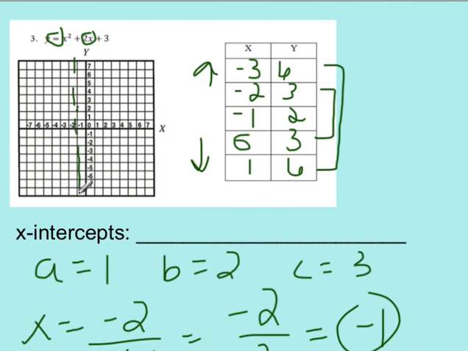I'm going over 0, up 3, left 2, up 3, then right 1, up 6, then left 3, up 6, and I am plotting all of those points. This one is opening upward, which is good because our A is positive, but it's opening upward away from the x-axis. It's never going to cross the x-axis, so there are no x-intercepts.